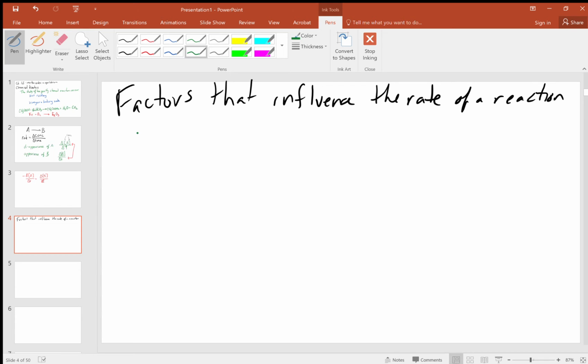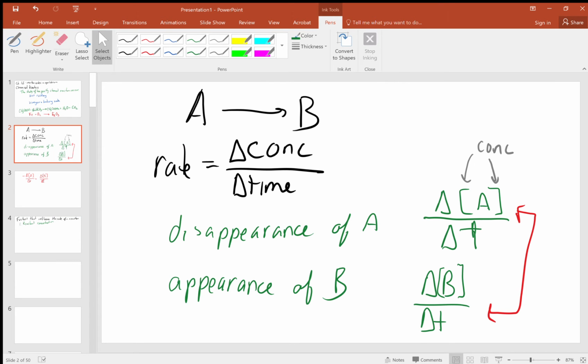So the one that might be the most obvious is concentration. And why do I say that might be the most obvious? Well, let's go back to our original page. And notice that I said the rate was the change in concentration over the change in time. So certainly changing the concentration is going to affect how quickly the concentration will change or be able to react.